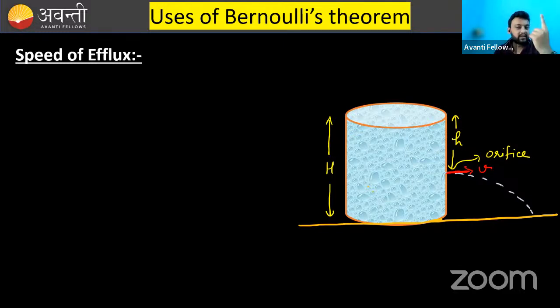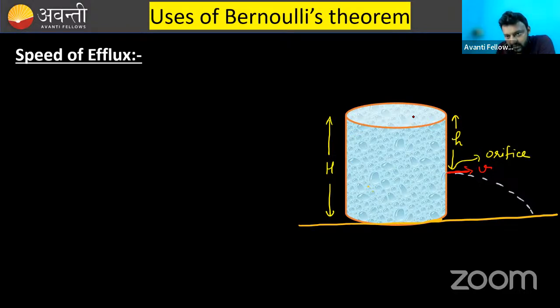I'm repeating again: in this whole calculation, we consider that the size of the tank is very large compared to the size of the orifice. So the rate of fall of the surface is very small, so I am ignoring its velocity. Okay. So let's consider a tube.